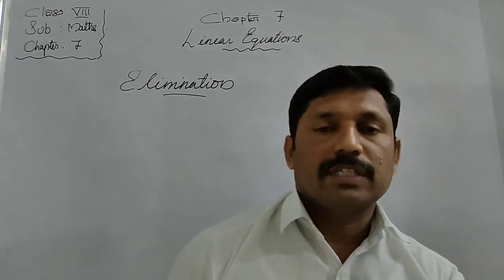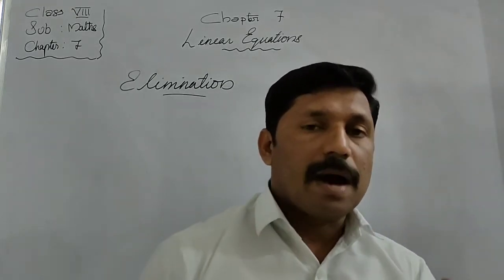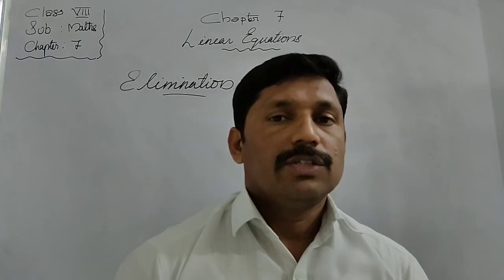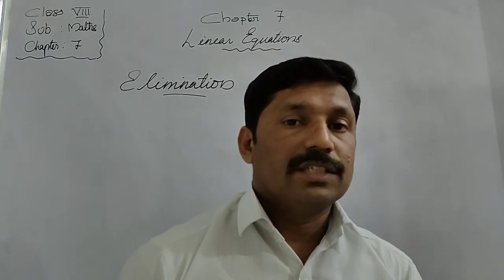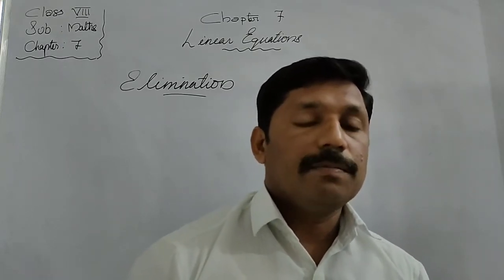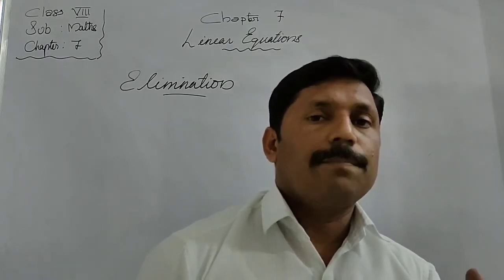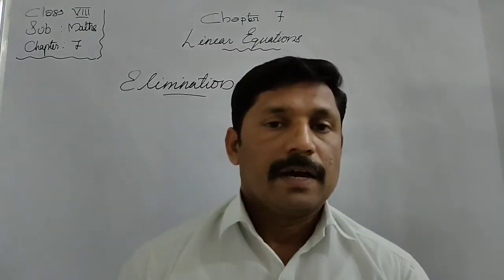You know that an equation is just like a weighing balance. If one side is disturbed, then that balance will be totally disturbed. So in order to restore that balance, we have to place the same thing on the opposite side also. The same principle we follow in linear equations also.